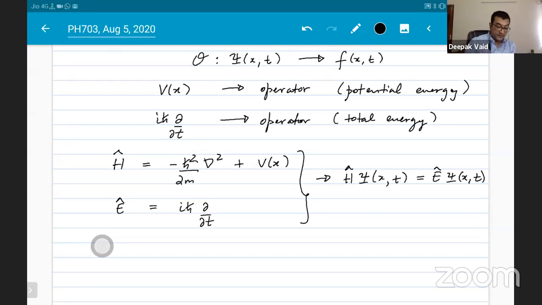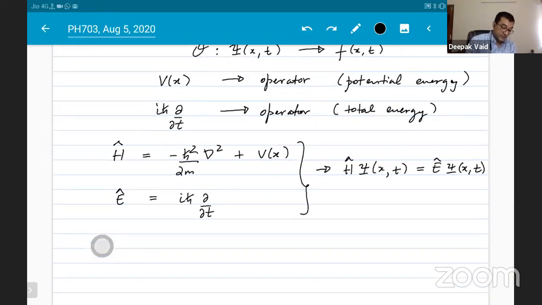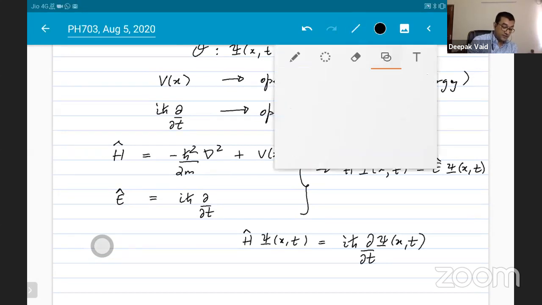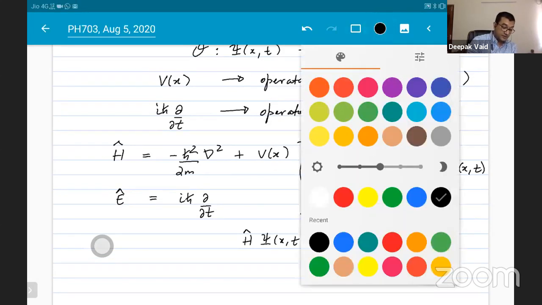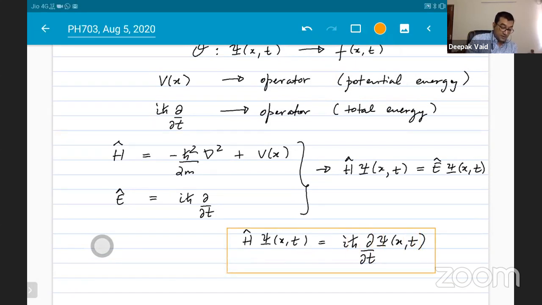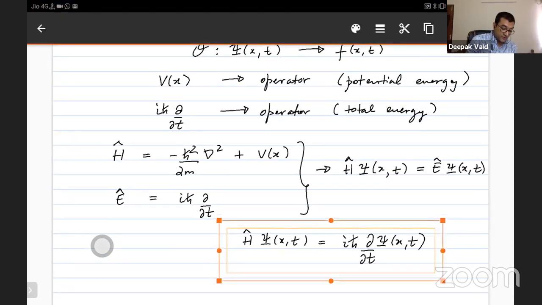Normally what you will see is this expression, H acting on psi of x, t equal to i h bar d by dt psi of x, t. If you look up the Schrodinger equation, this is another expression of it.